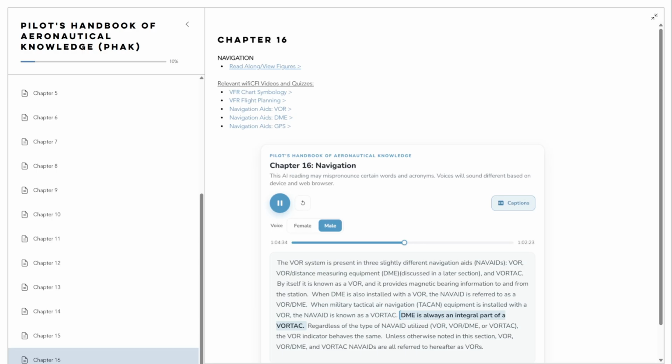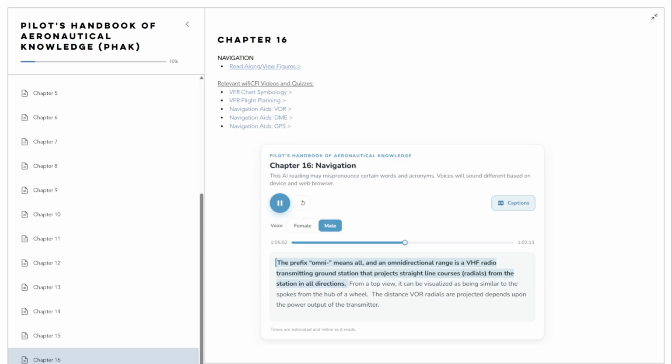DME is always an integral part of a VOR-TAC. Regardless of the type of NAVAID utilized, VOR, VOR/DME, or VOR-TAC, the VOR indicator behaves the same. Unless otherwise noted in this section, VOR, VOR/DME, and VOR-TAC NAVAIDs are all referred to hereafter as VORs.